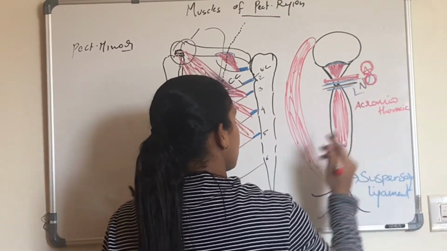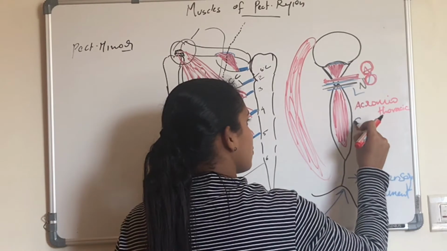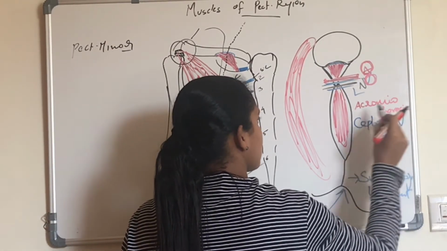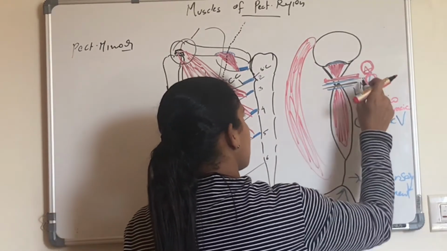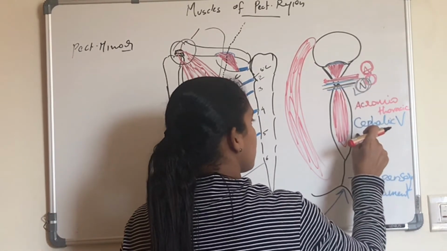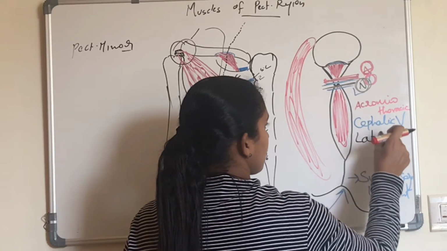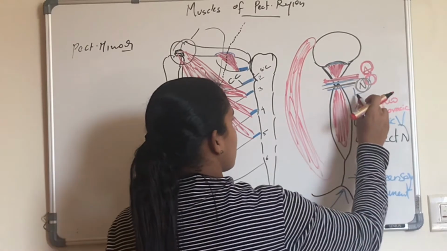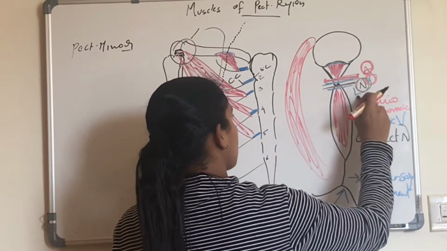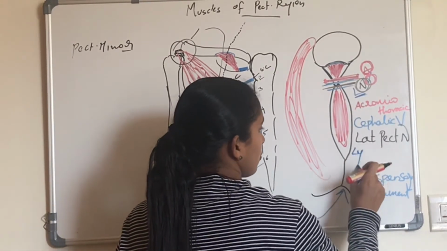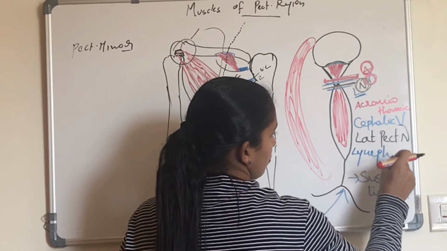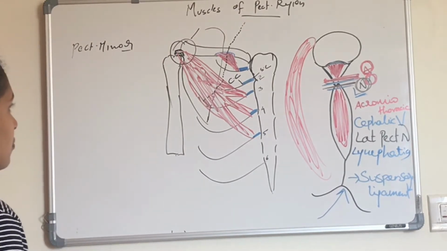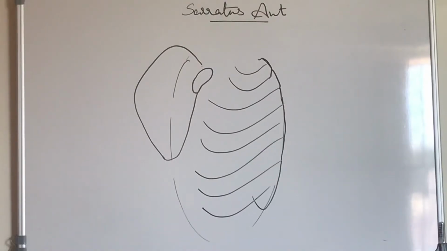The vein is cephalic vein. The nerve is lateral pectoral nerve. And lymphatics. Lymphatic drainage from the breast to the apical group of axillary lymph nodes. This structure pierces the clavipectoral fascia.